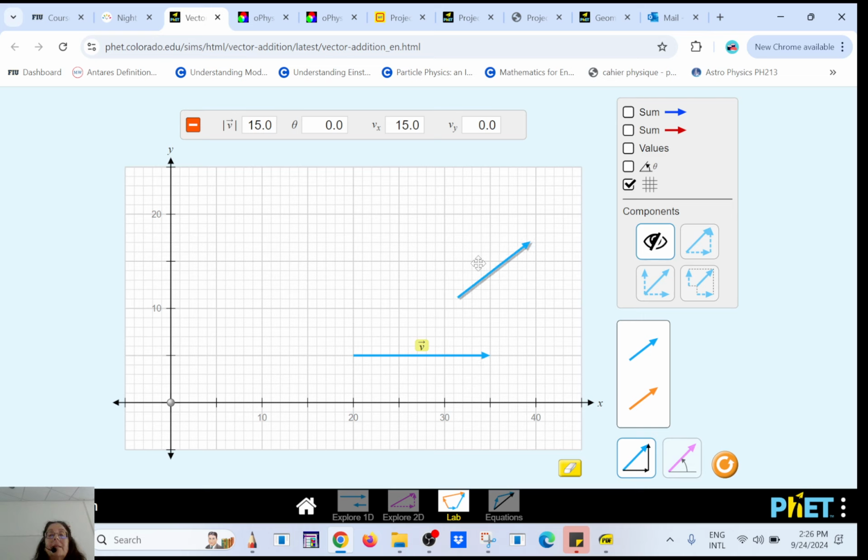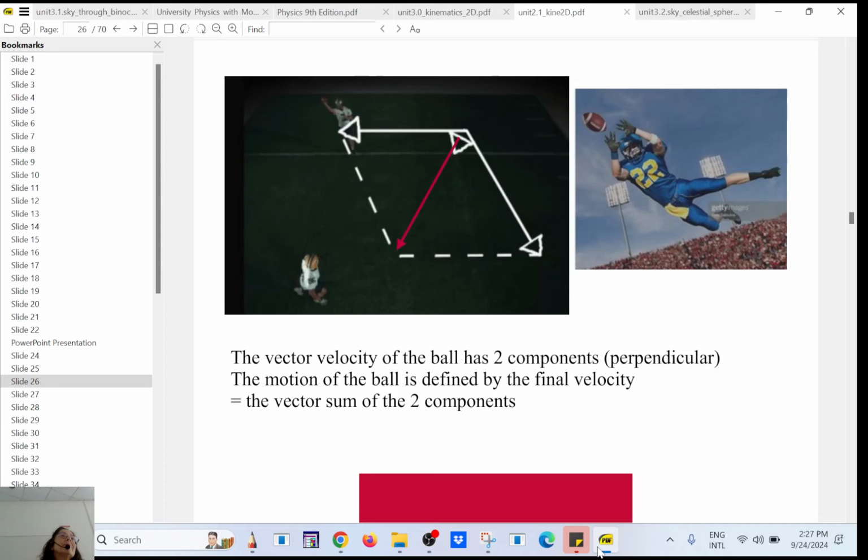But at the same time, he has the ball, the football in his hand. So that will be the direction of the football. What's going to happen to the football is going to go in that direction here. So it has two components, X and Y. So that's what we call adding vectors. Okay, any question?